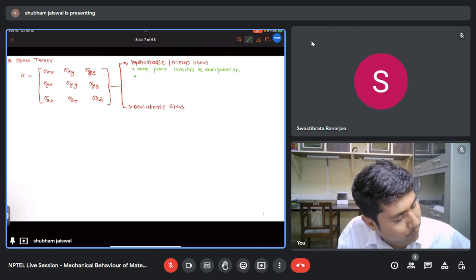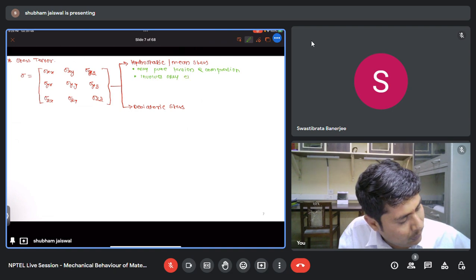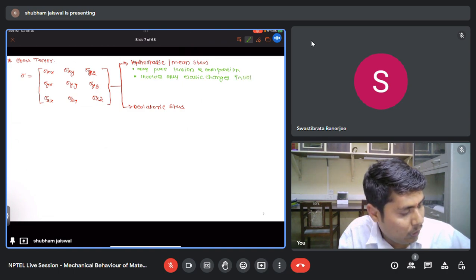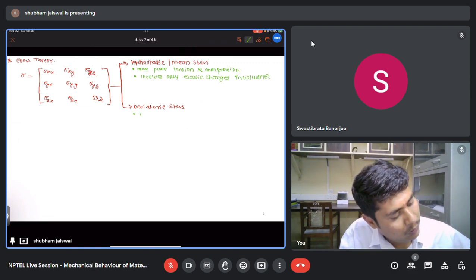So it involves only elastic changes in volume. On the other hand, deviatoric stresses represent the shear stresses.